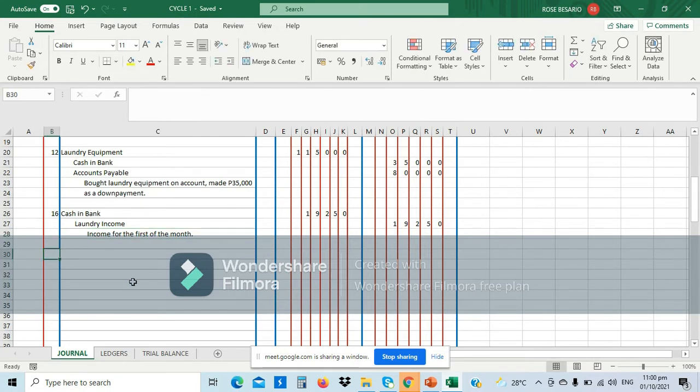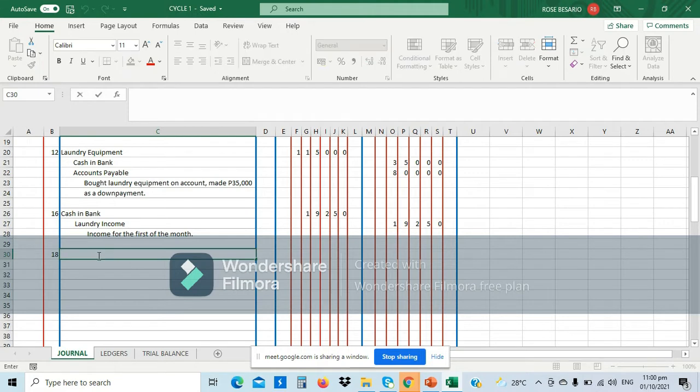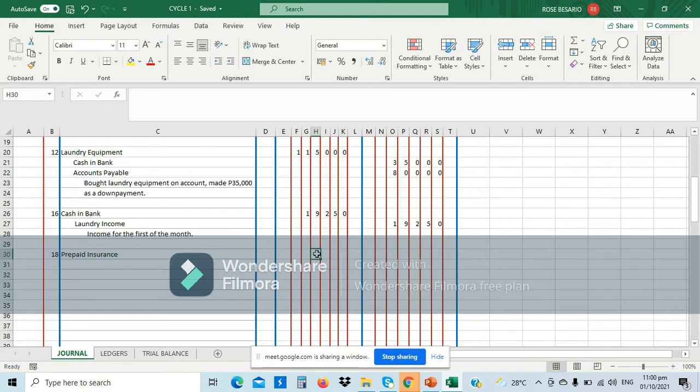Okay, then we have May 18. May 18 bought insurance for 1 year, 5,600. So this is an advance or a prepayment, no? So we will recognize the prepayment as an asset. So we debit prepaid insurance for 5,600. Okay.